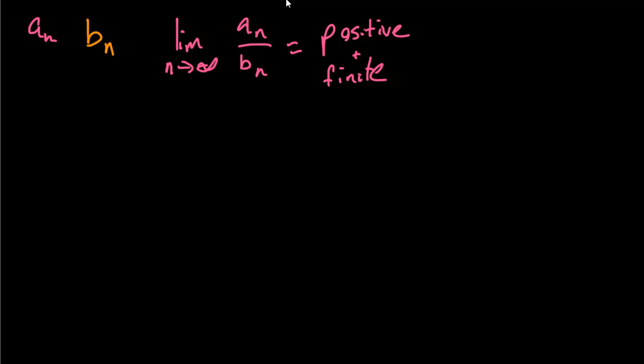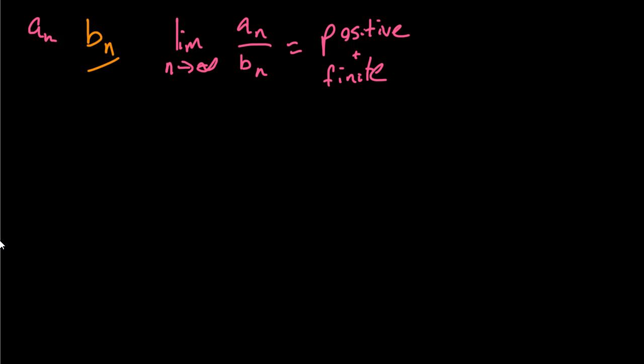And that might seem pretty useless because we're trying to figure out if it converges or diverges. But remember, we already know if b sub n converges or diverges. Therefore, if our limit becomes something that is positive and finite, then whatever is true about b sub n will be true about a sub n.